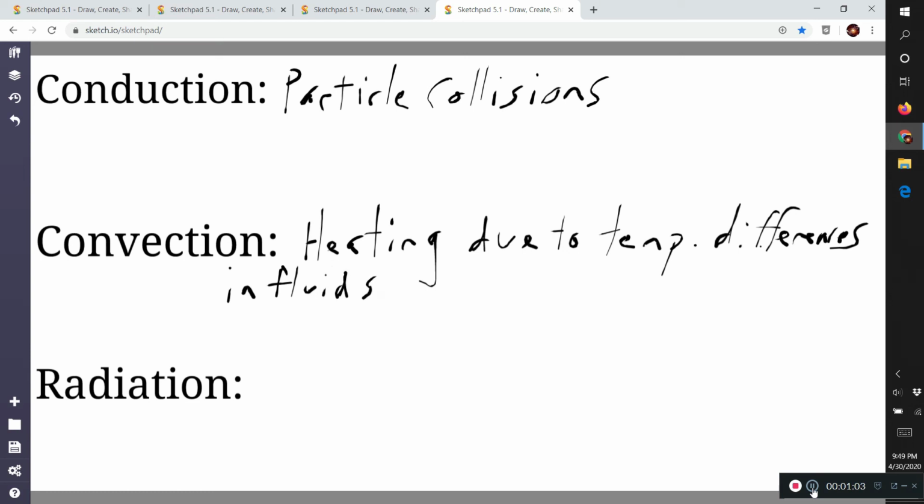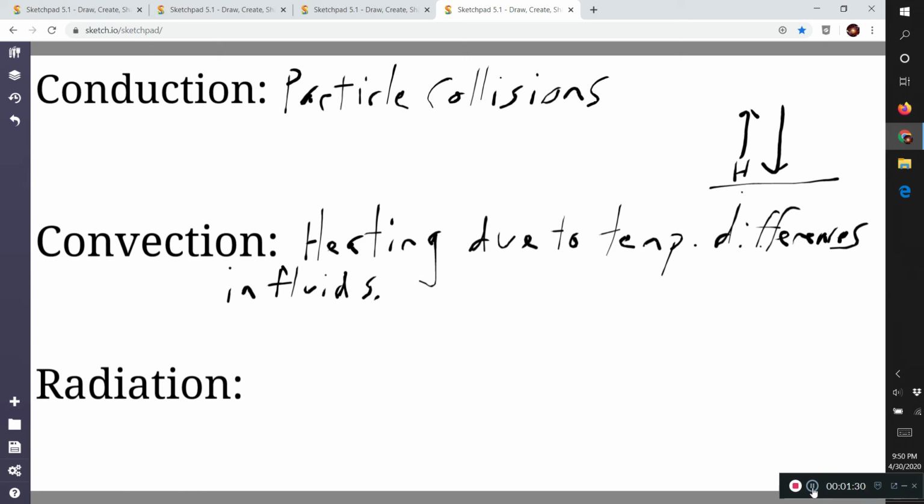So, let's say the air in your room, if you have hot air lower in the room, it's going to rise up to the top because it is less dense. That's going to force the cooler air to come to the bottom, which, if there's a heating element down there, is going to cause that air to get heated up.